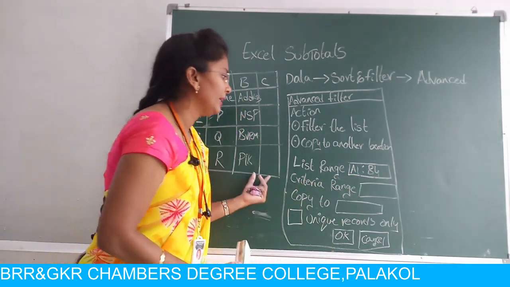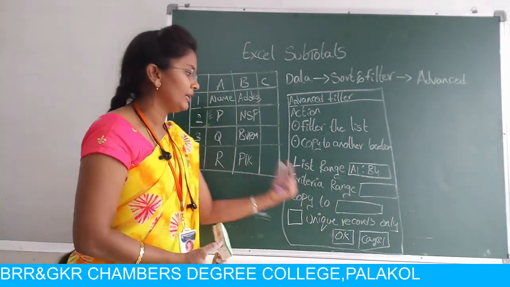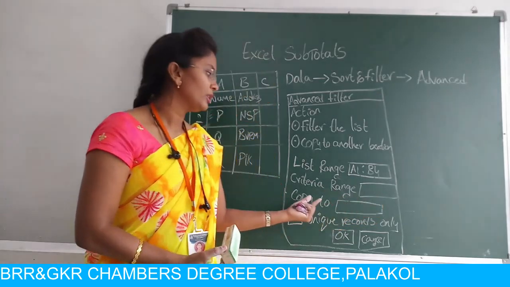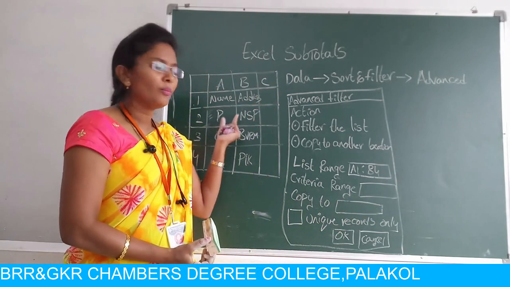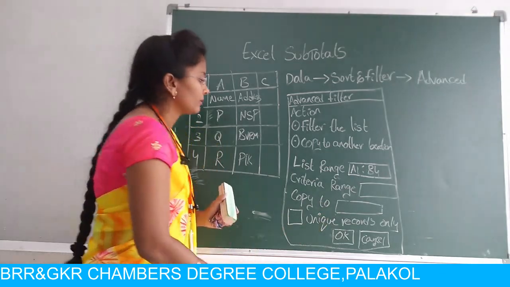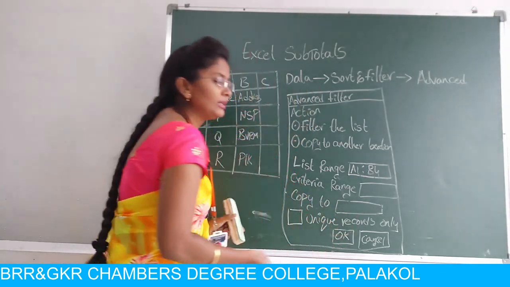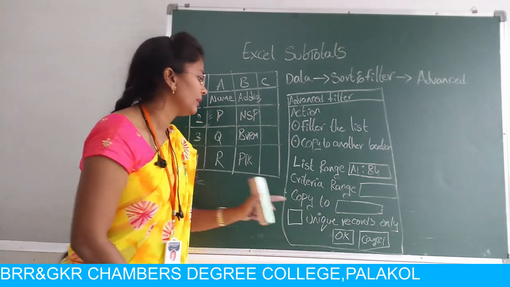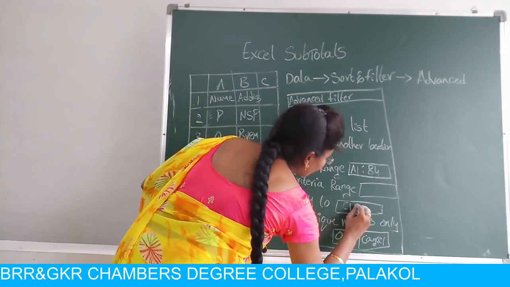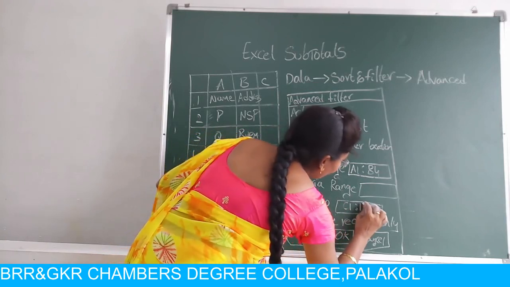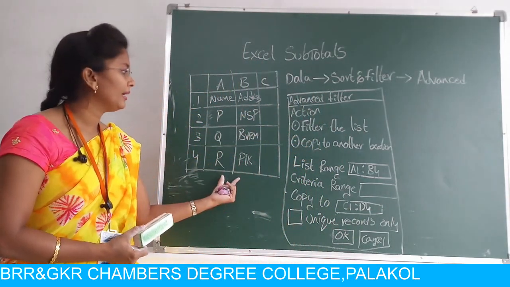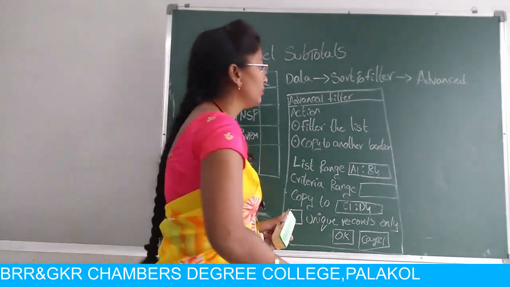Then select the criteria range and you can display the criteria range over here. Or if you want to copy this data and display it in another cell, where you want to copy, that cell reference has to be given here. That means I want to copy these cells to C1 to D4. Then automatically the entire data will be copied and pasted in the C1 to D4 cells.